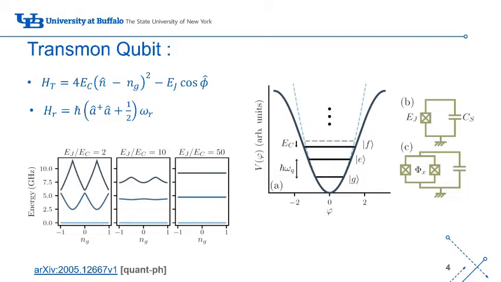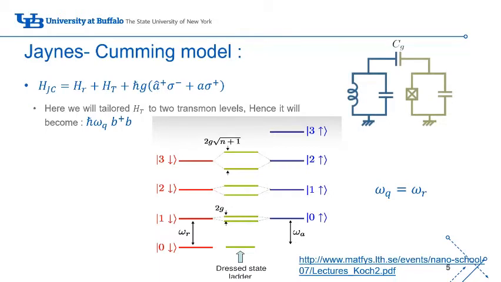Another thing I want to mention on this slide is figure C, which shows two Josephson junctions that we normally use for the transmon qubit, so that we can vary the flux passing through the inner loop of figure C to vary the value of E_J. That way we can vary the frequency, the difference between the ground and excited state, to exactly match the frequency of the resonator, right?